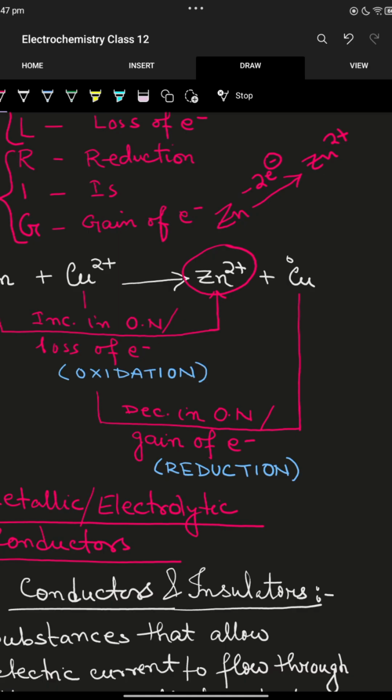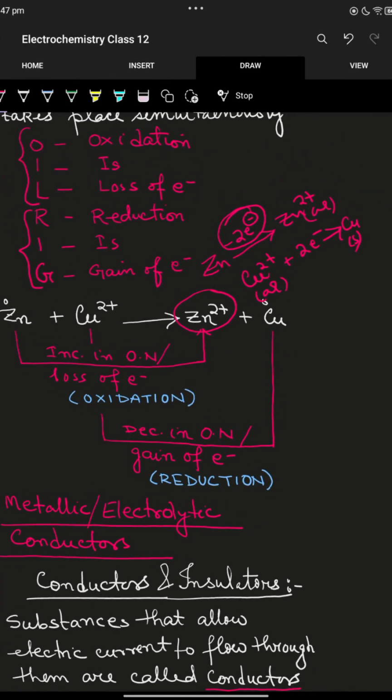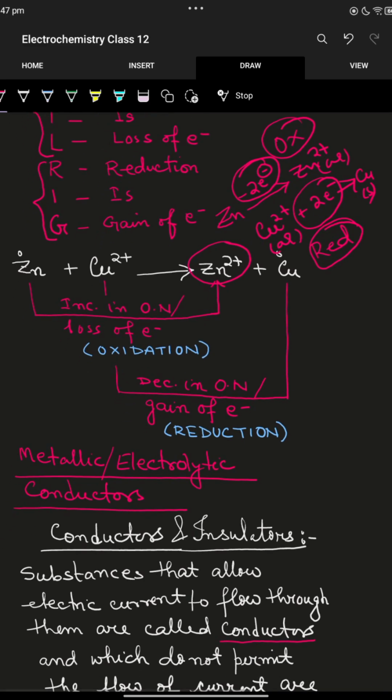And these 2 electrons are gained by Cu2+, and it deposits copper, solid copper, reddish deposition. So since zinc undergoes loss of electron, this process is oxidation, and copper undergoes gain of electron, so undergoes reduction. Copper means Cu2+, copper ion, and it deposits metallic copper.